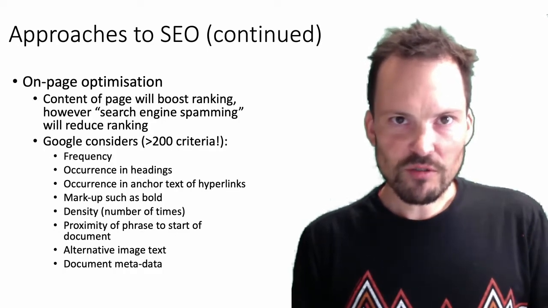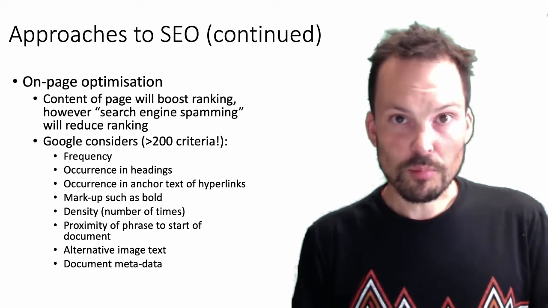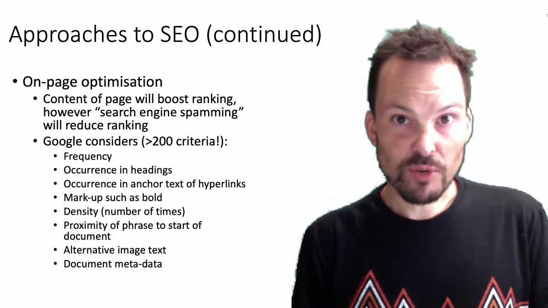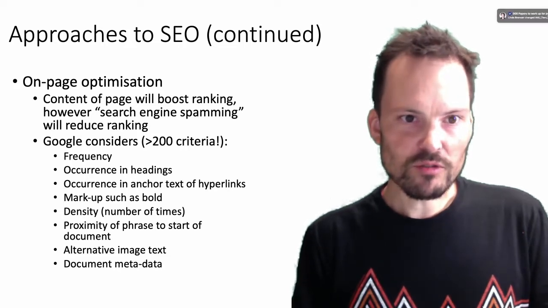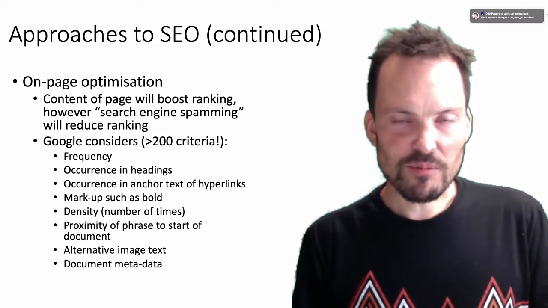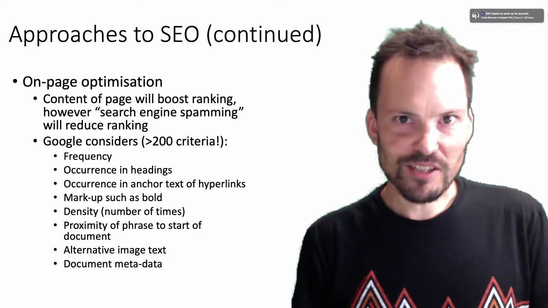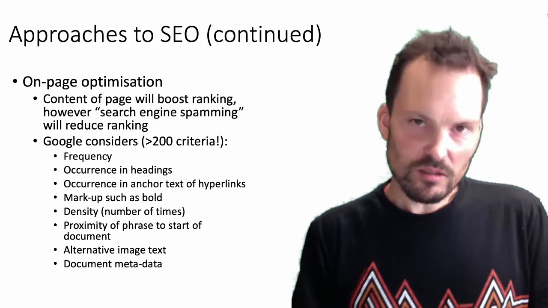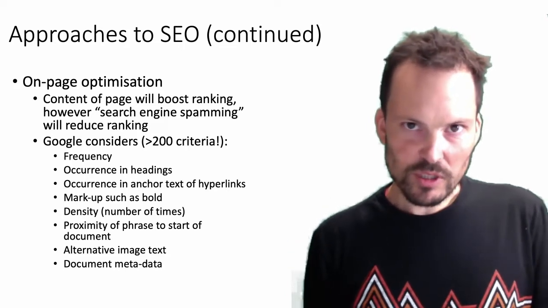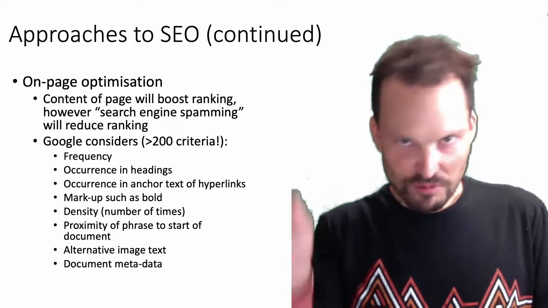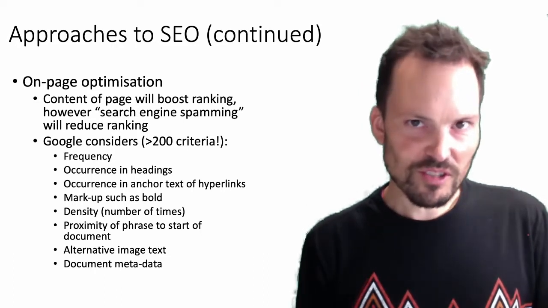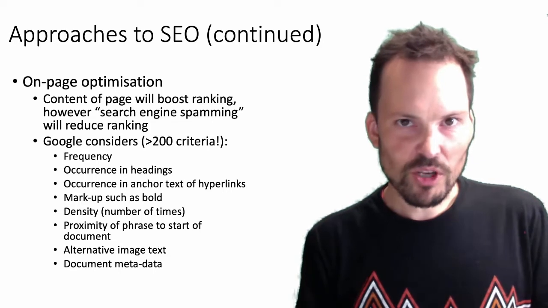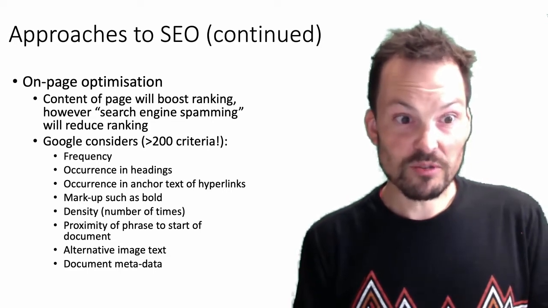So once you have identified your keywords, you can start doing your on-page optimization, and good content will then boost the ranking, but it's not a matter of just stuffing in the same keyword over and over again, because Google will penalize you for doing that sort of thing. Yes, it helps to have it frequently mentioned, but not repeatedly after each other. So there's a fine line that you need to walk there. If it doesn't sound right when you read it, then it probably isn't right.